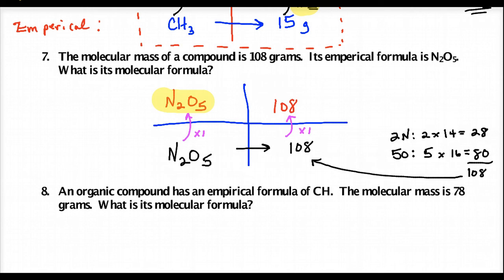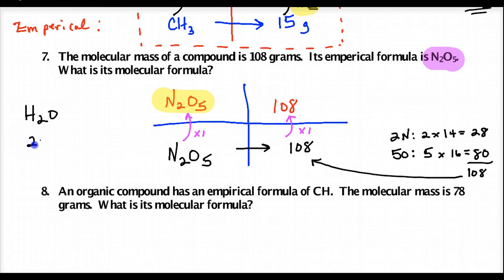All right, so number 7, I get N2O5. You say, whoa, how did that happen? How do I have the same empirical formula as molecular formula? As I told you before, when we started this process, there are some chemicals or compounds that are already in their lowest ratio, and they exist in nature exactly this way. Remember, water is H2O.